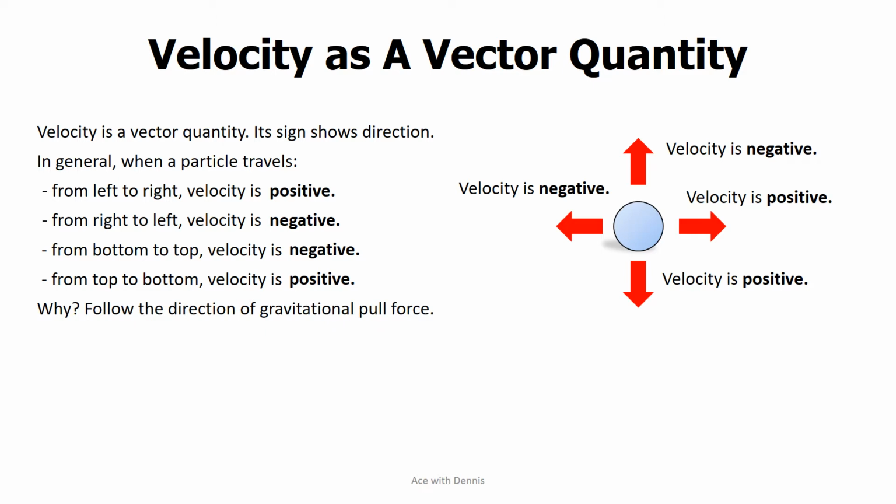Usually, we follow the direction of the gravitational pull force. When we move from bottom to top, we assume that the velocity is negative, as usually it will move slower. When it moves from top to bottom, it is moving towards the direction of the gravitational pull force. Therefore, it will move faster and faster, and we assume that velocity is positive, unless it is otherwise mentioned in the question.